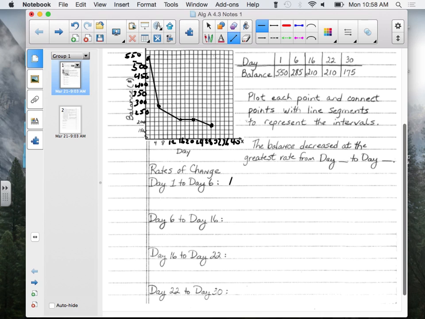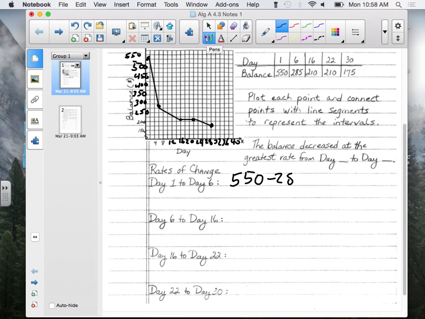So we have 550 minus 285. And we're dealing with ratios, right? So we have to have comparisons in fractions, right? So to do that, we would divide this by the corresponding day values or x values that go with it.